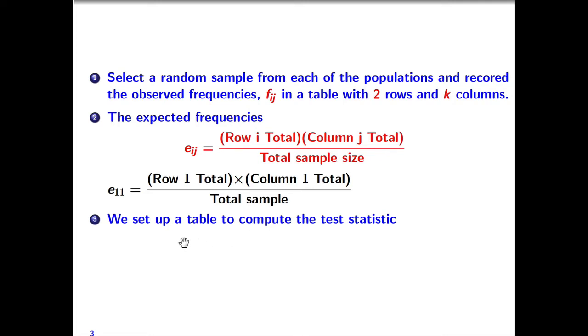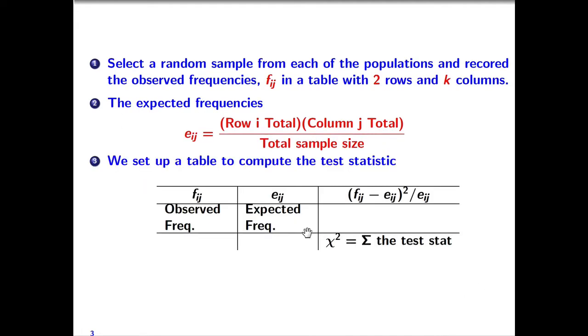To compute chi-square, the test statistic, we will set up a table to do so. And here's how we will set up the table. You have Fij, the observed frequency, and then you have this Eij, the expected frequency.